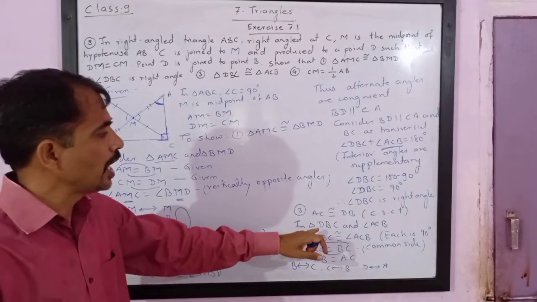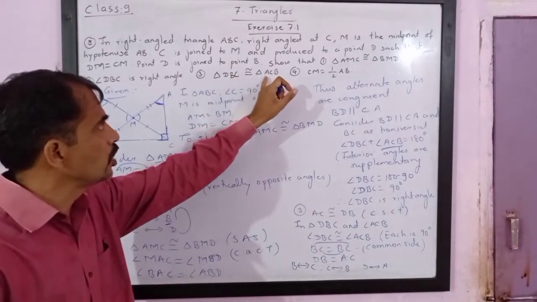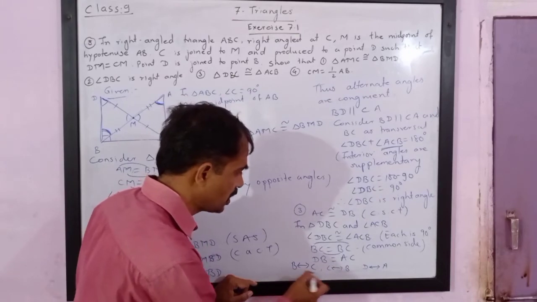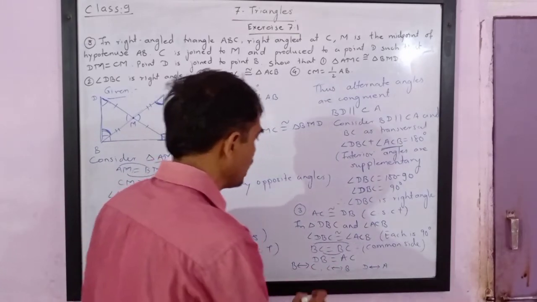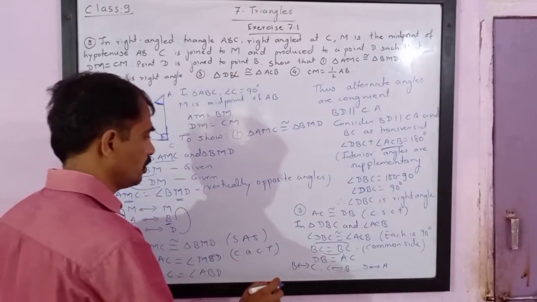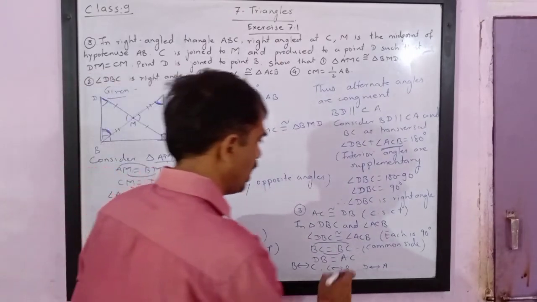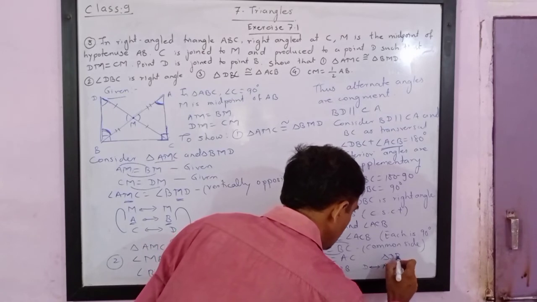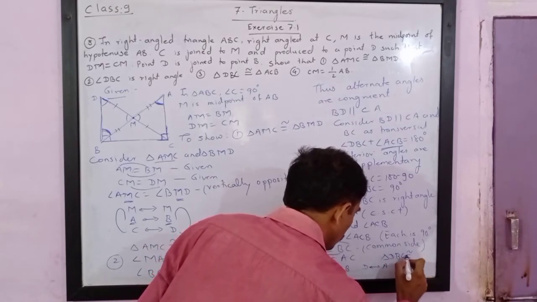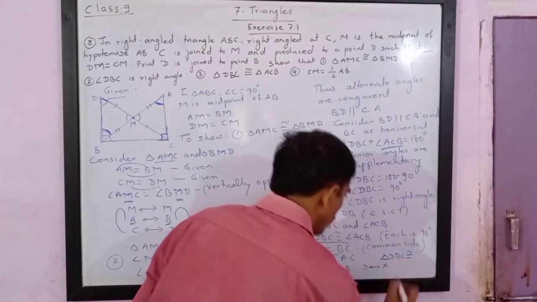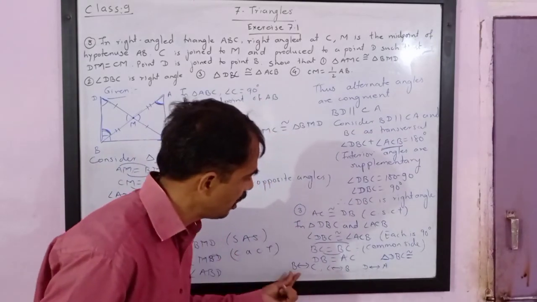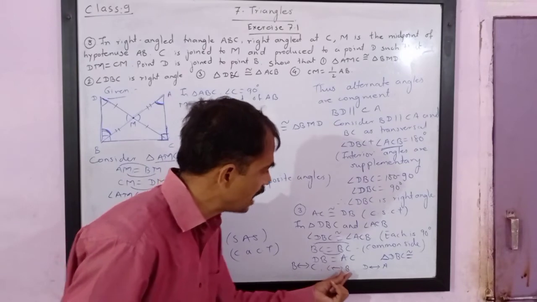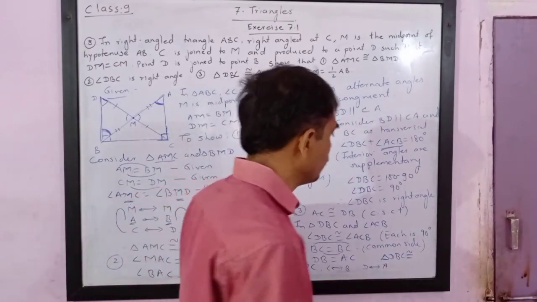Now watch carefully. We were asked to show that triangle DBC is congruent to ACB. DBC means third, first and second. Therefore I am writing here triangle DBC congruent to, watch carefully, I have taken third vertex, then first, then second, so it will be third, first and second, ACB.